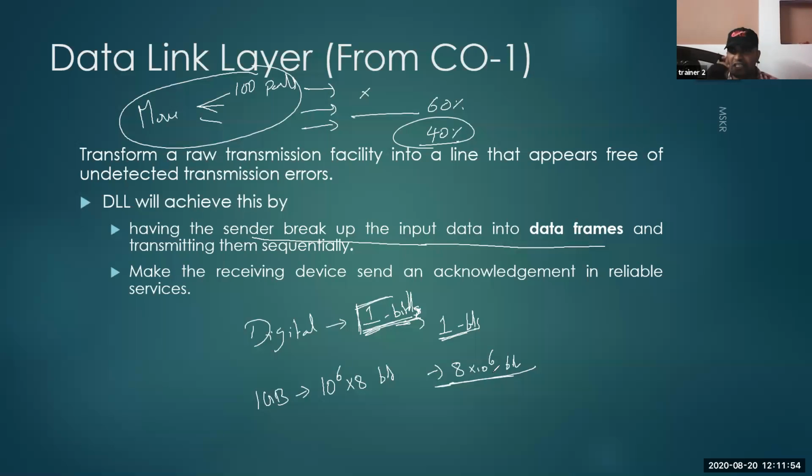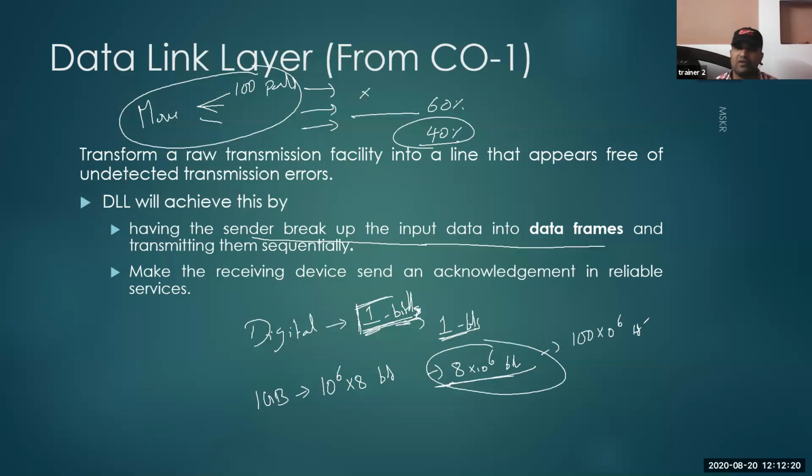For each bit, you are going to add different headers and some trailers, and you are going to send that using some redundant, additional bits for some other purpose. So instead of this 8 into 10 power 6, you are going to send 100 into 10 power 6 bits.